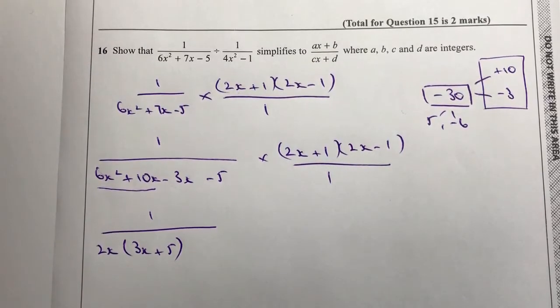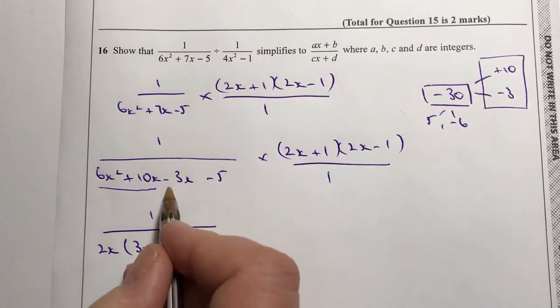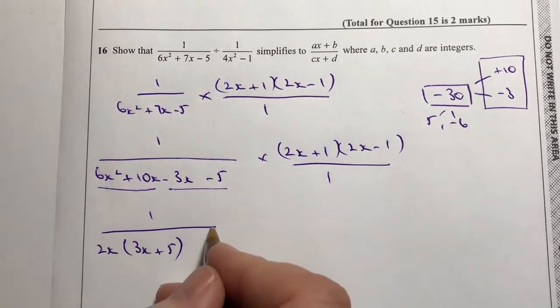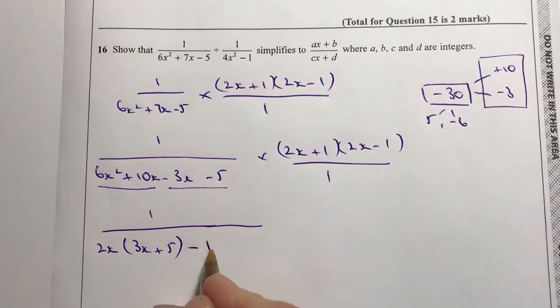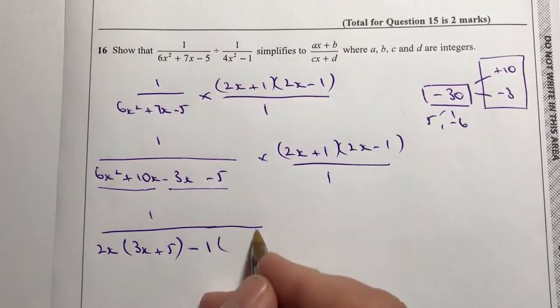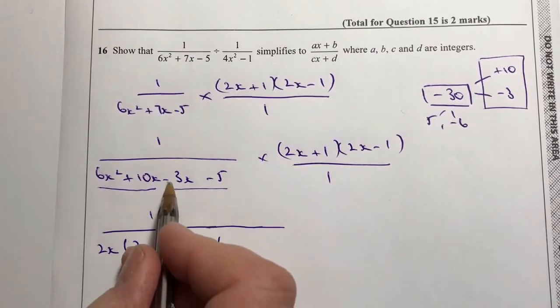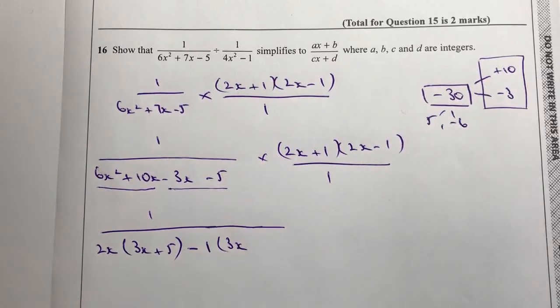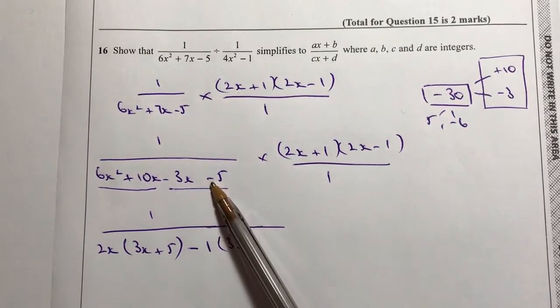Okay. Then what I'm going to do is I'm going to factorise these two numbers. This is where, in this particular example, it's a little bit trickier, but I'm going to factorise it by minus 1. Because if I do that, what do I multiply minus 1 by to get minus 3x? Well, that's actually 3x. Okay, what do I multiply minus 1 by to get minus 5?